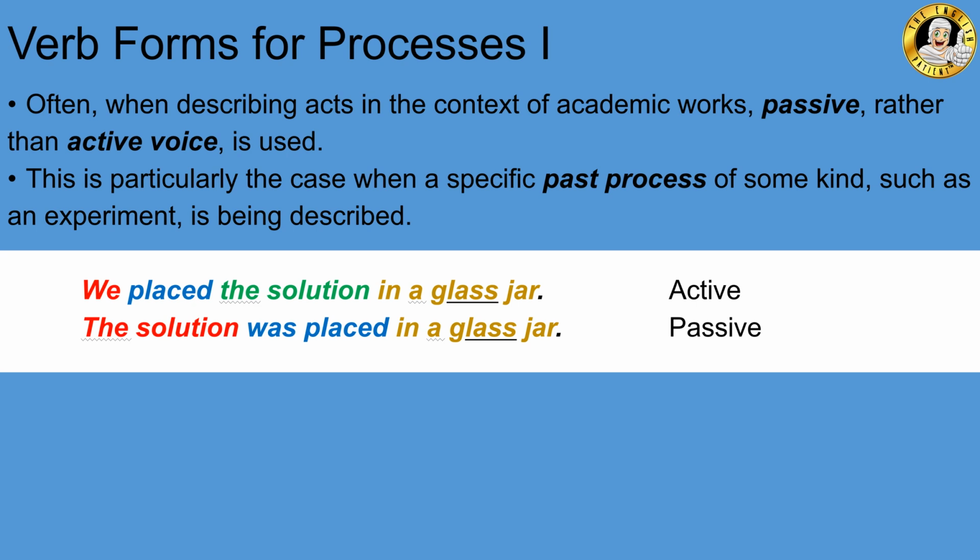So we're going to change this to passive voice by adding the be verb in place of "placed." Placed is past tense, so the be verb changes to the past. And then we add the past participle of "placed" after it, to the right, which is "placed" as well. So that becomes: the solution was placed in a glass jar, putting stress on the solution rather than on who did it.